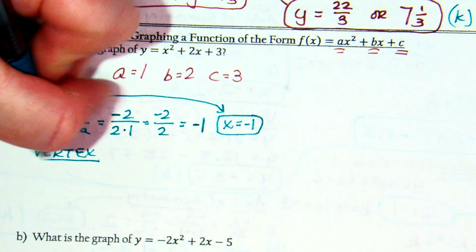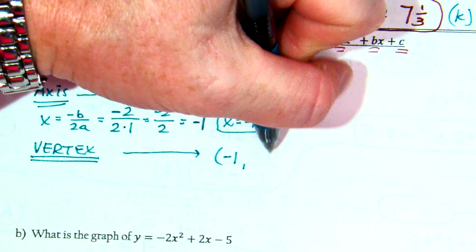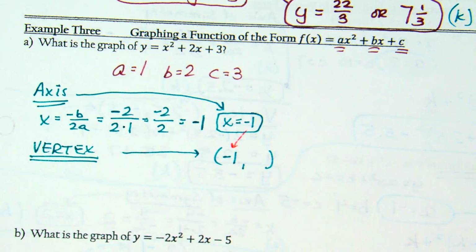Okay, so that takes you right into the next part. Once you find your axis, you need your vertex. I already know that my vertex is negative 1, comma, something. How do I find the something? Plug -1 into the original equation.